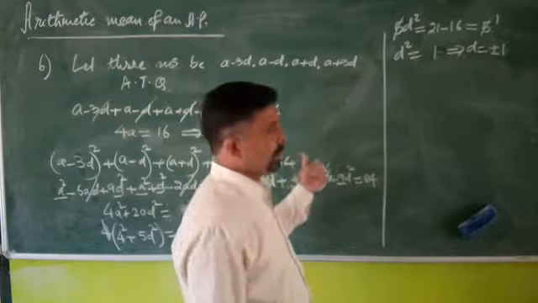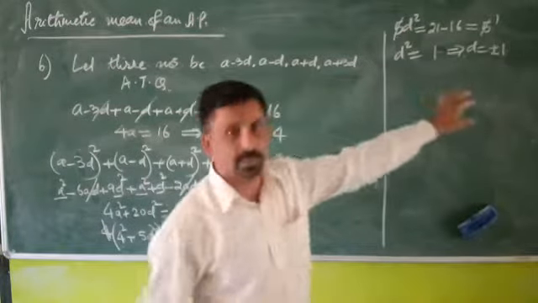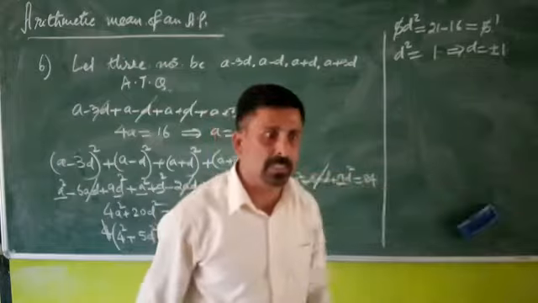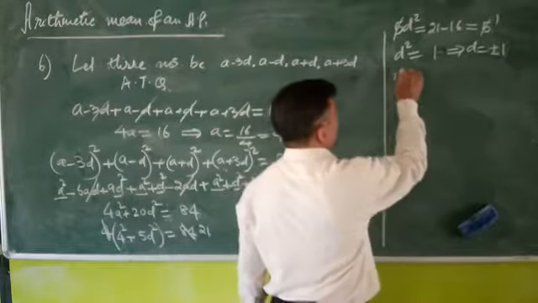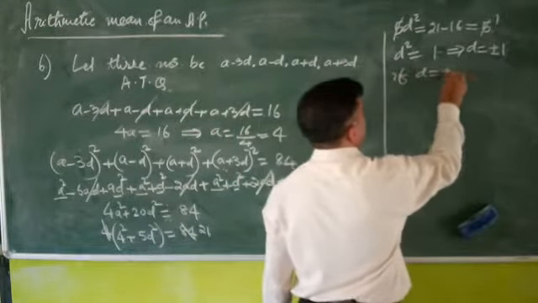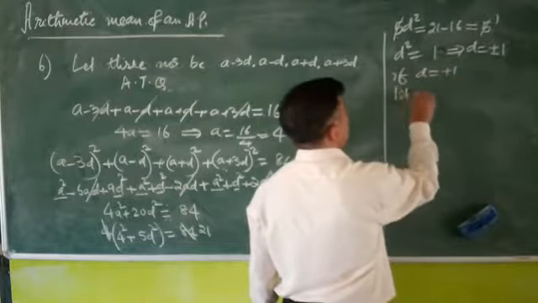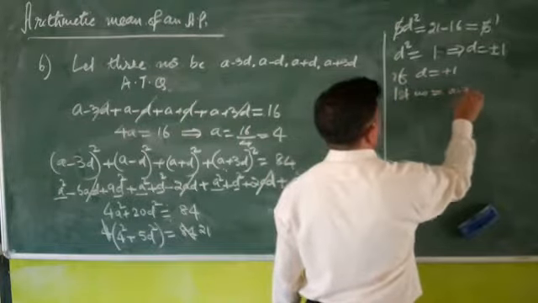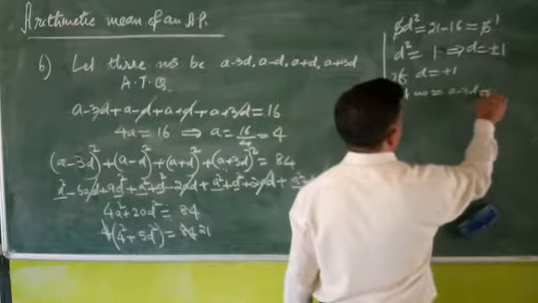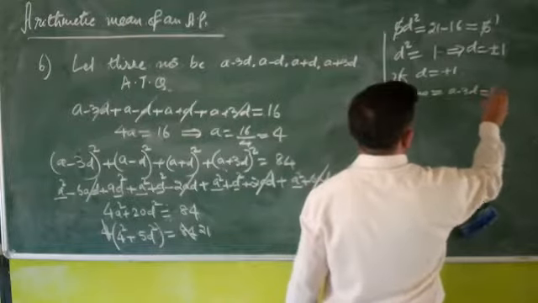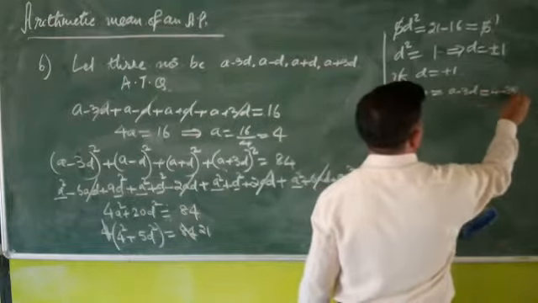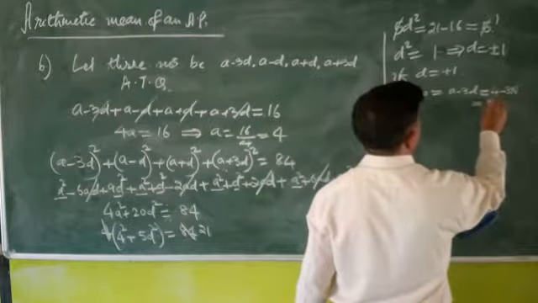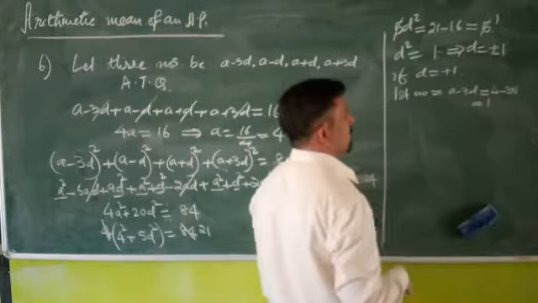A we already calculated. Now we are going to find all the 4 numbers of the series. Is it okay? Yes, sir. So if your d is positive 1, then the first number is equal to a − 3d. Your a is how much? 4 − 3 × 1 = 1. Am I right?